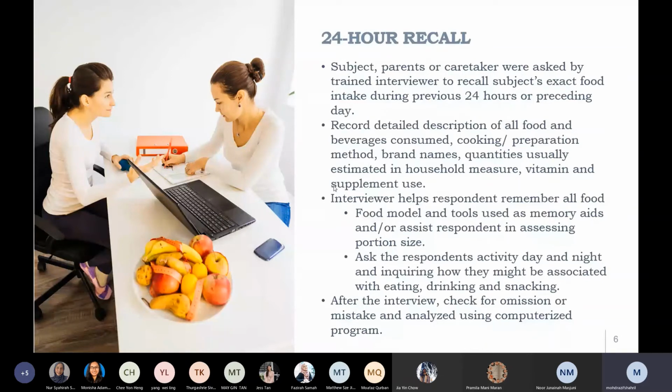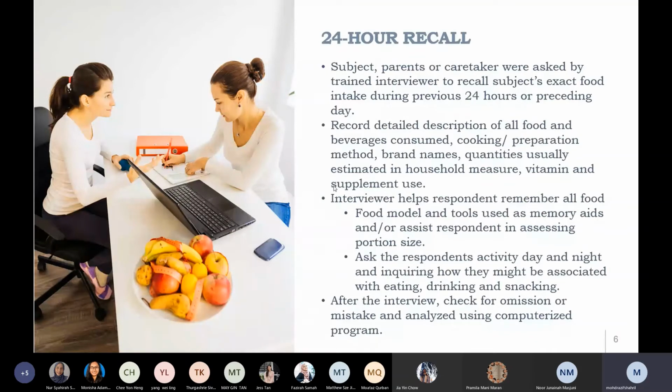So the 24-hour diet record has a detailed description of all foods and beverages consumed, cooking or preparation method, brand names, quantities usually estimated in household measures, and vitamin and supplement use. A lot of information is recorded in the 24-hour record. The interviewer helps the respondents remember the foods by using food models and tools as a memory aid.